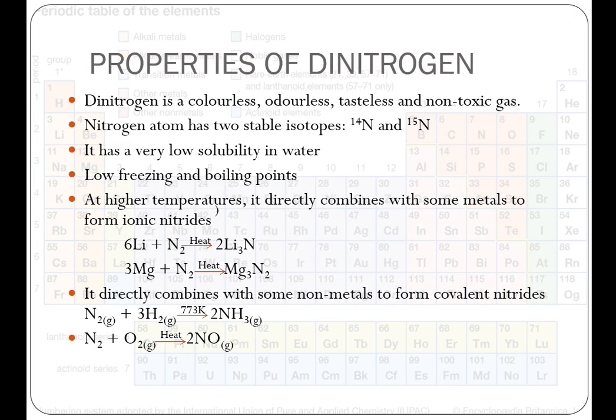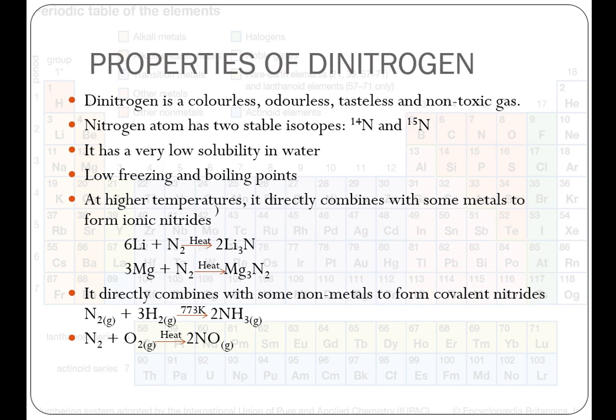Properties of dinitrogen. It is a colorless, odorless, tasteless and non-toxic gas. It has two stable isotopes with atomic mass 14 and atomic mass 15. It is very less soluble in water, and has low freezing and boiling points.